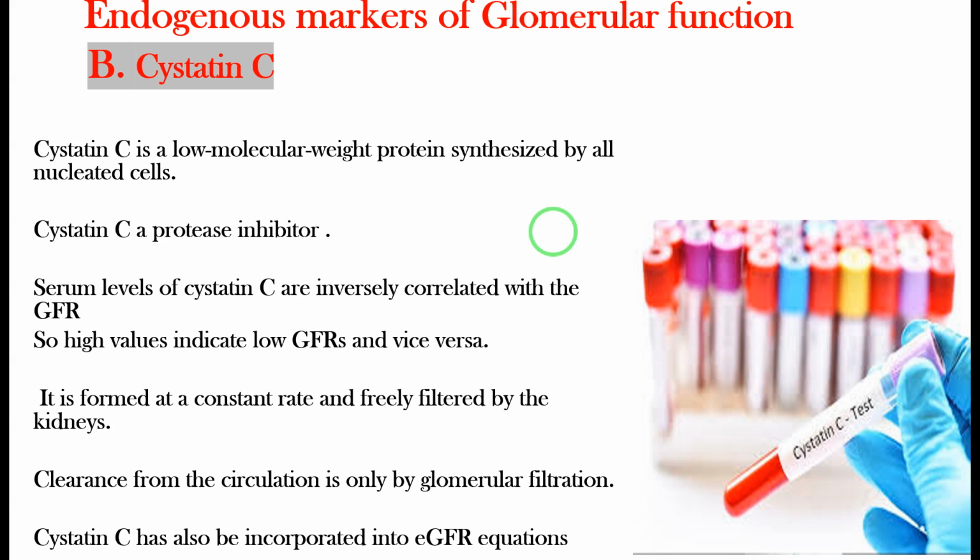It means that there is no extrarenal route of clearance, and this is another good criterion for cystatin C. We can also measure it and incorporate it in the estimated GFR equation. The estimated equation for measurement of GFR depends on the measurement of the plasma level of this marker, either cystatin or creatinine.